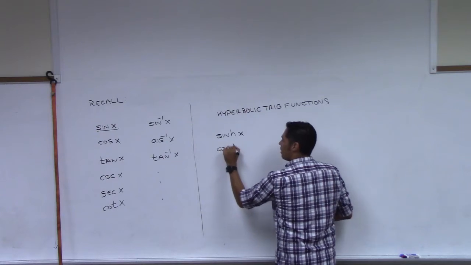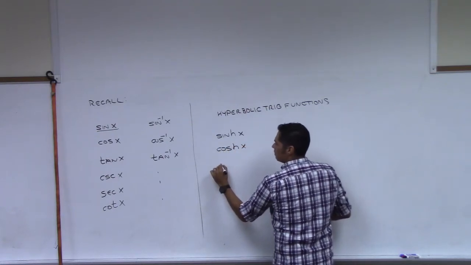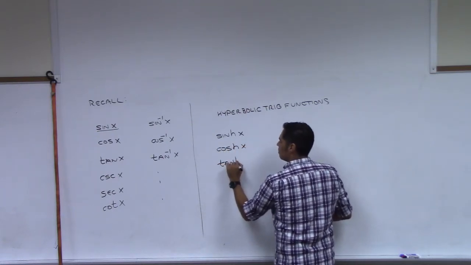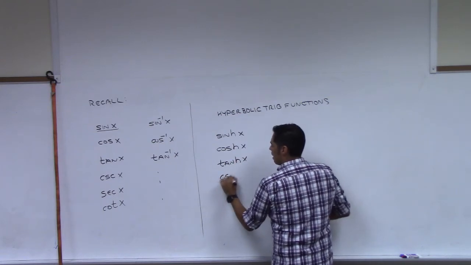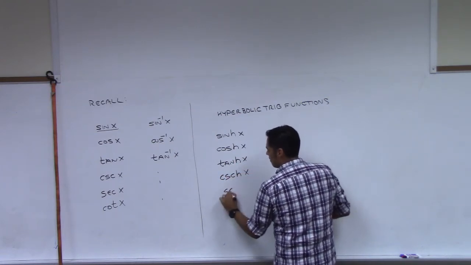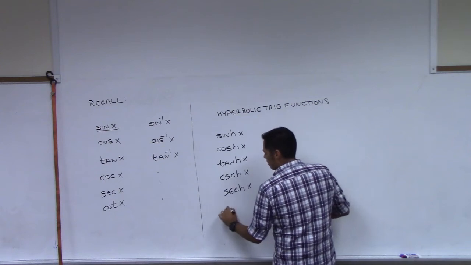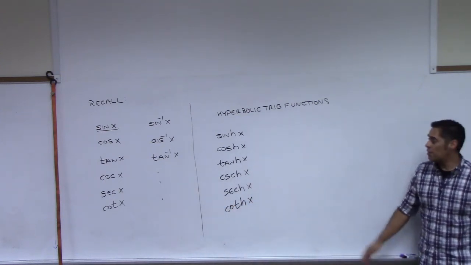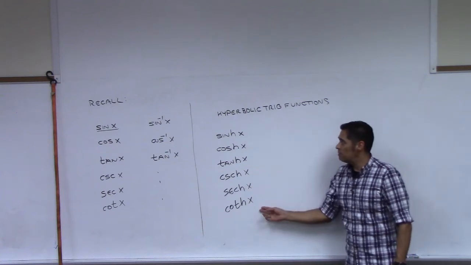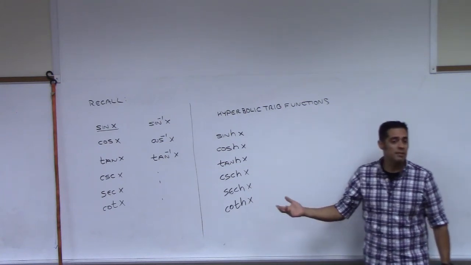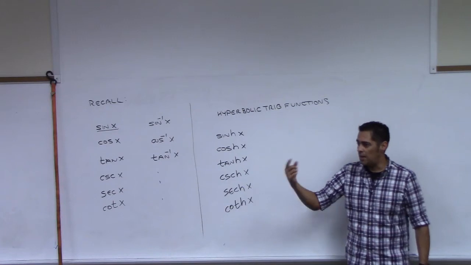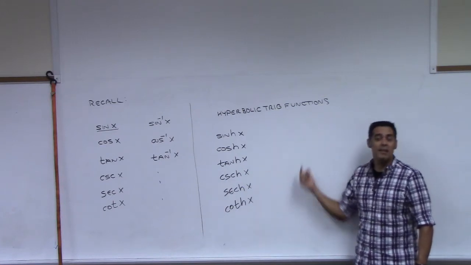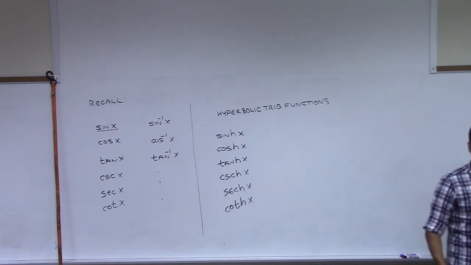Then cosine hyperbolic x, tangent hyperbolic x, cosecant hyperbolic x, secant hyperbolic x, and cotangent hyperbolic x. Now, what do you think each of these 6 hyperbolic trig functions have? Derivatives, and they also have inverses, and each of those inverses has derivatives.